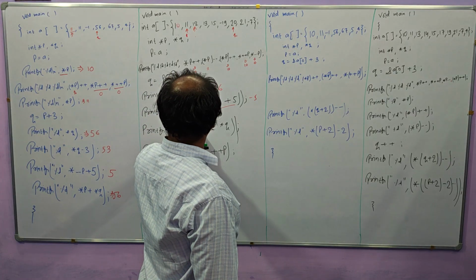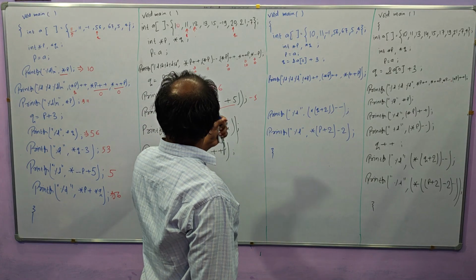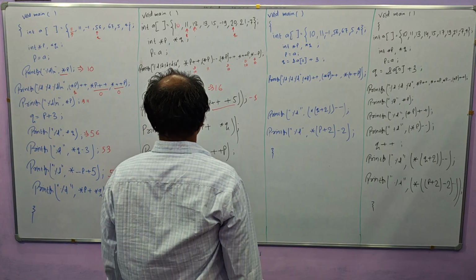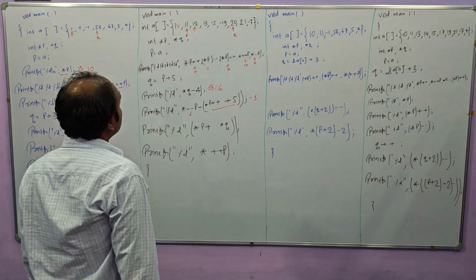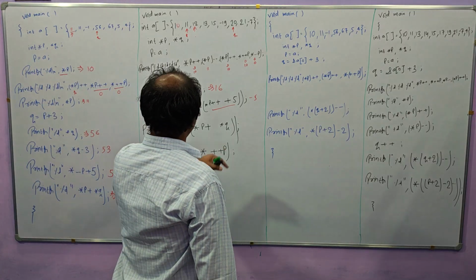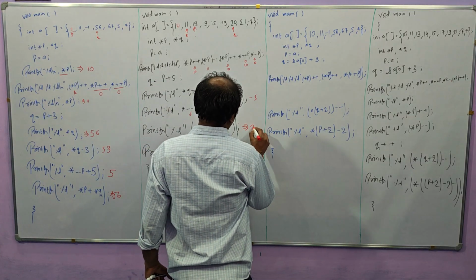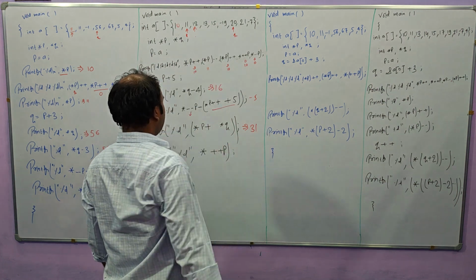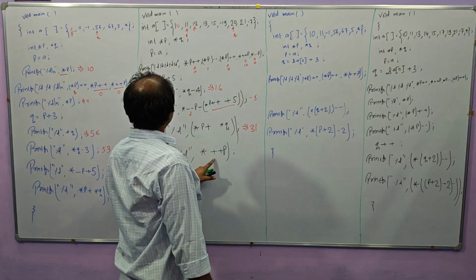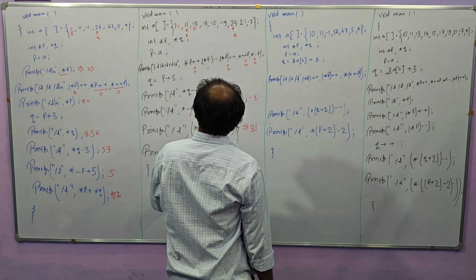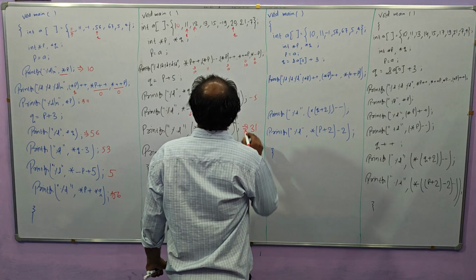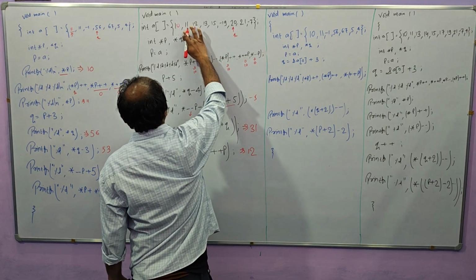Now p is pointing to 11 and q is pointing to 20, that becomes 31. 20 plus 11, 31. Now this becomes plus 12 and points to this.